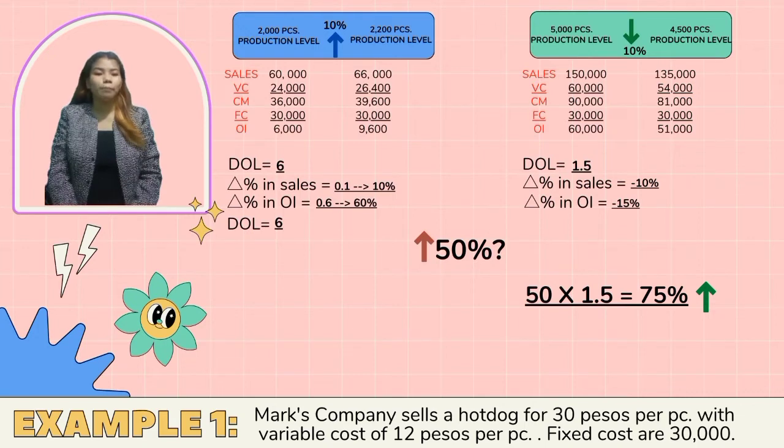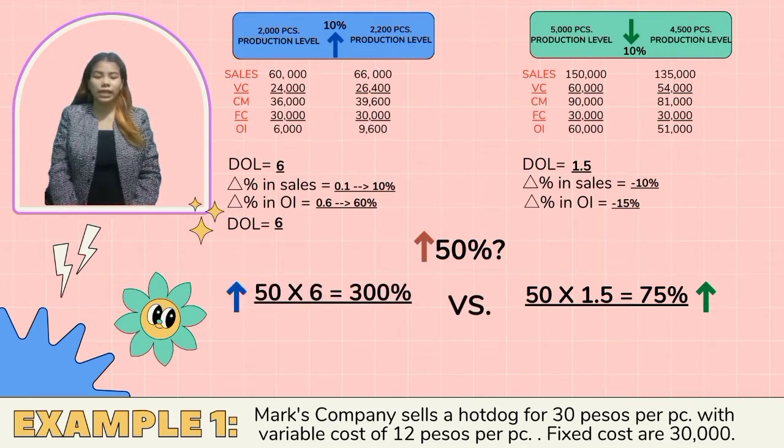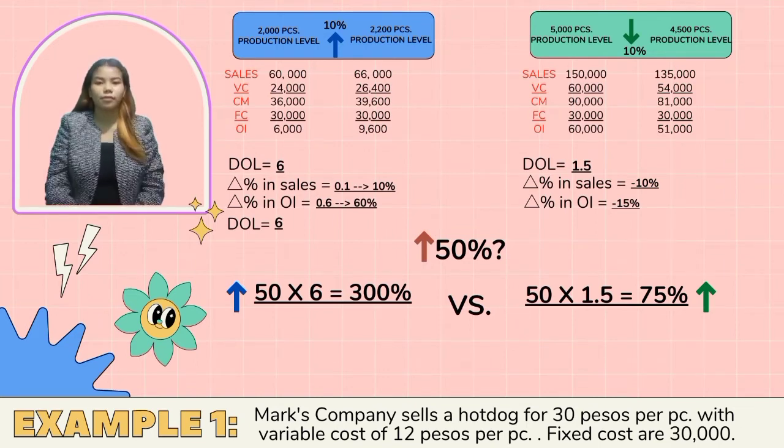So operating income would go up by 75%, versus here at this production level, if we increase the sales by 50%, well, 50% times 6 would give us an increased operating income of 300%. So it all depends on the production or sales level the company is currently at. And that is going to change the degree of operating leverage.